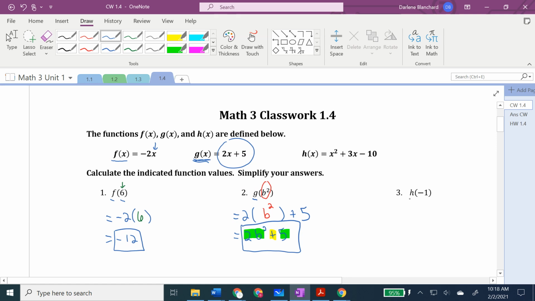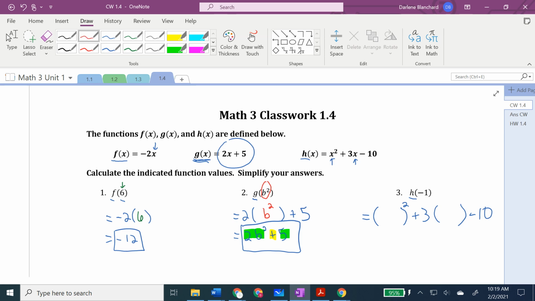And then for number 3, I'm turning to the h function. The h function has the variable written twice. So what I'm going to do is say x squared is changing to parentheses squared plus, and then 3 times x is going to be 3 times parentheses, and then the minus 10.